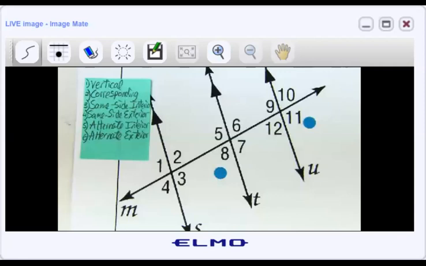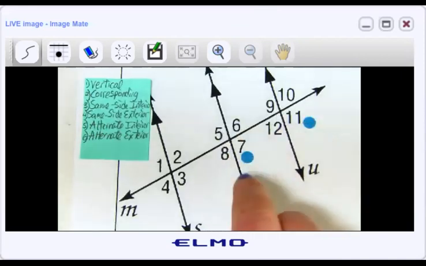So they're not vertical because they'd have to share the same vertex, and they don't. Corresponding would have to be the same exact angle, just in a different spot. So that's not going to be 11 and 8 here. If you did 7 and 11, those are corresponding. See how they're both in the exact same spot, just of their little groups? Okay, so they're not corresponding.